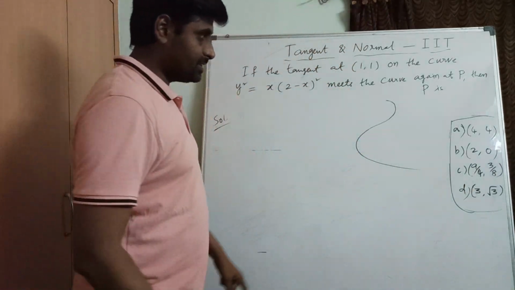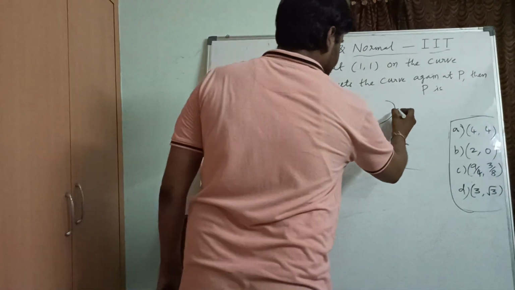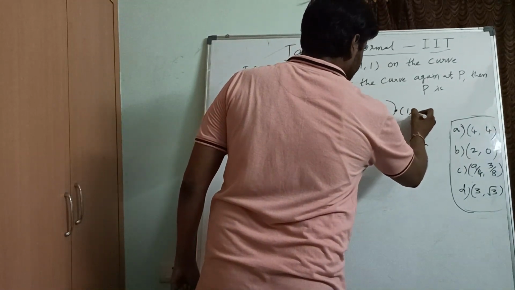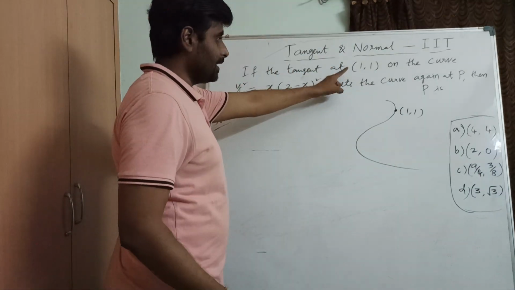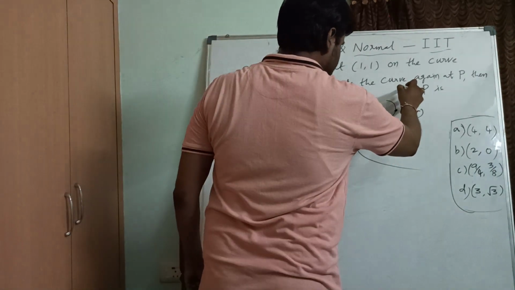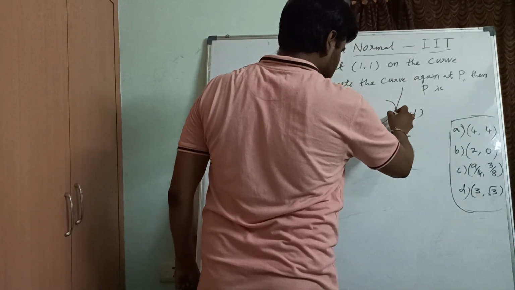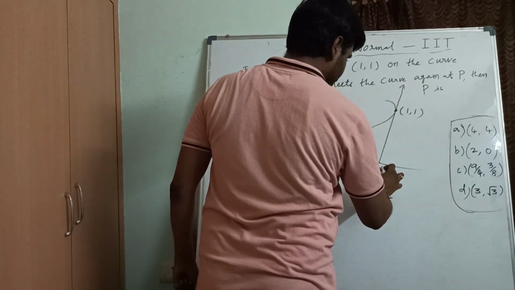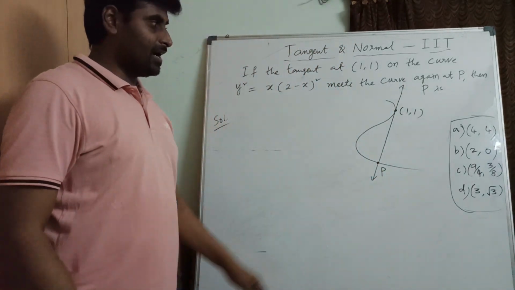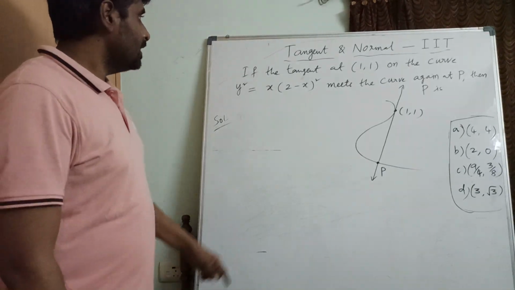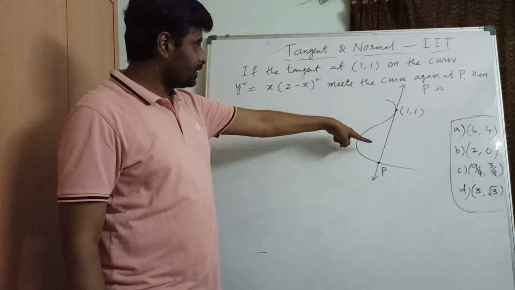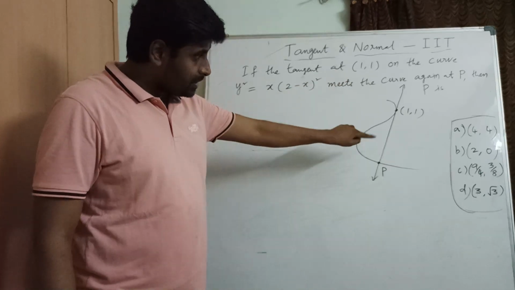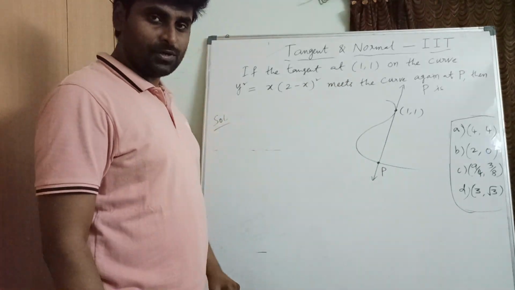One tangent is there at 1 comma 1, and it is going to cut the same curve at one more point P. That point we are going to find out.